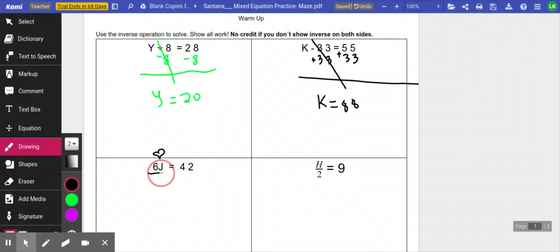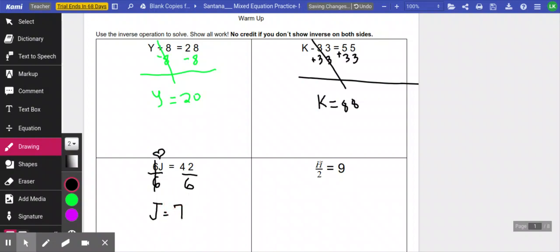And think, the opposite of marriage is divorce. So they're getting divorced by 6 or divided by 6. 6 divided by 6 is 1. 1j, which is just the same as j. And 42 divided by 6 is 7.